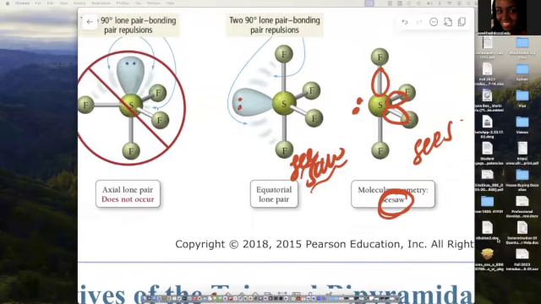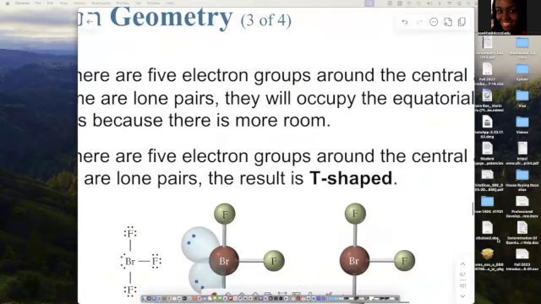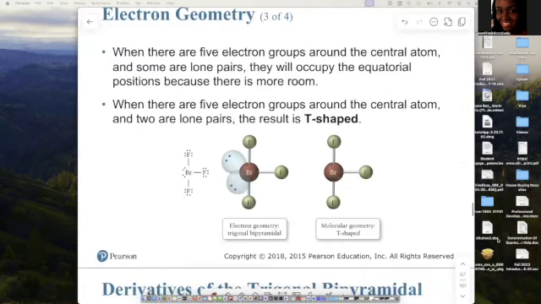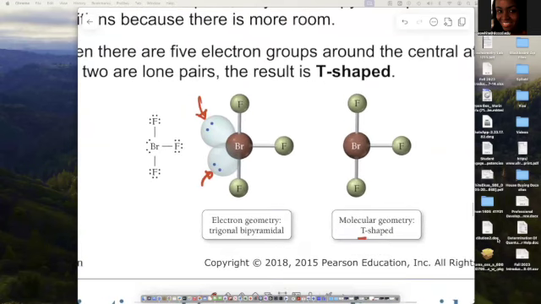It's seesaw, right? And then from here, if you have to remove the second set of lone pairs, once again, go after the bonded group in the equatorial region to replace that with a lone pair. And that's how we get the T-shaped molecular geometry.